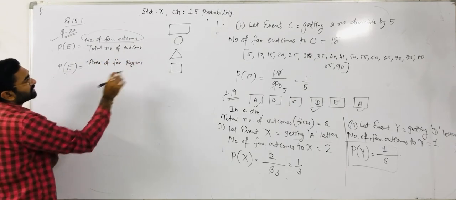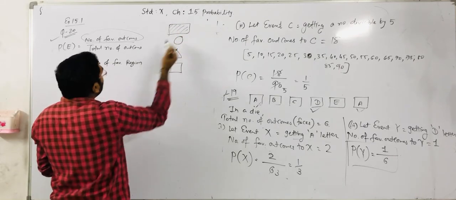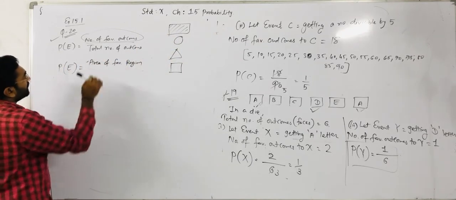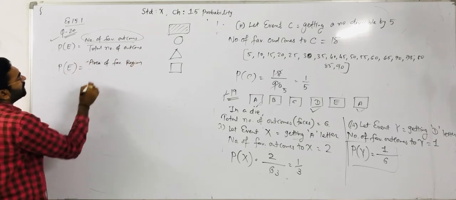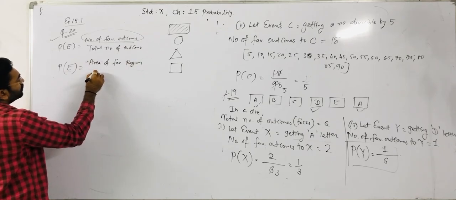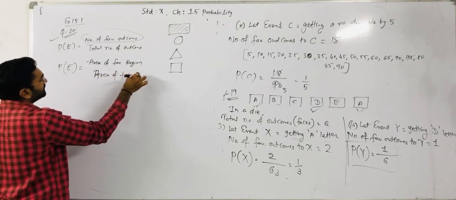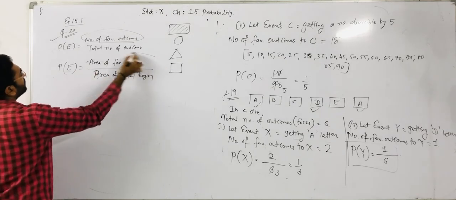Suppose there is a circle or rectangle, so I have to write in the numerator the area of that region. In the denominator, in place of the total number of outcomes, we have to write the area of the total region. Okay, so that equation you have to remember.